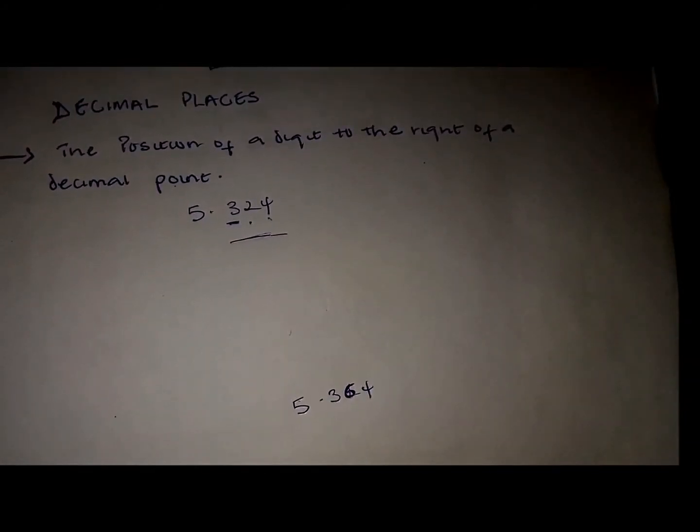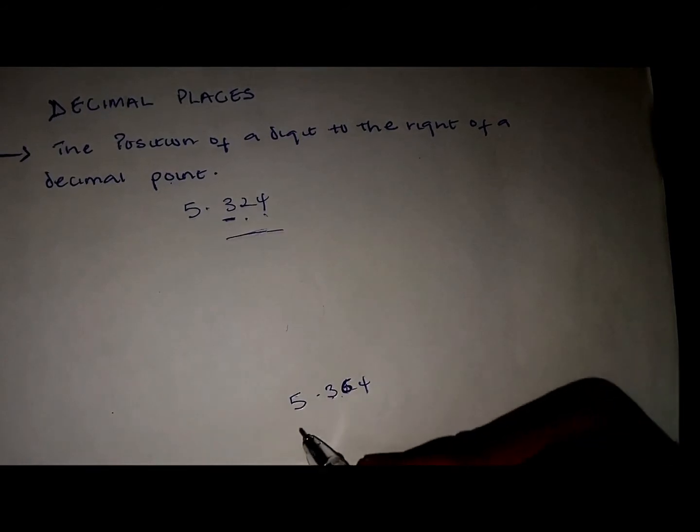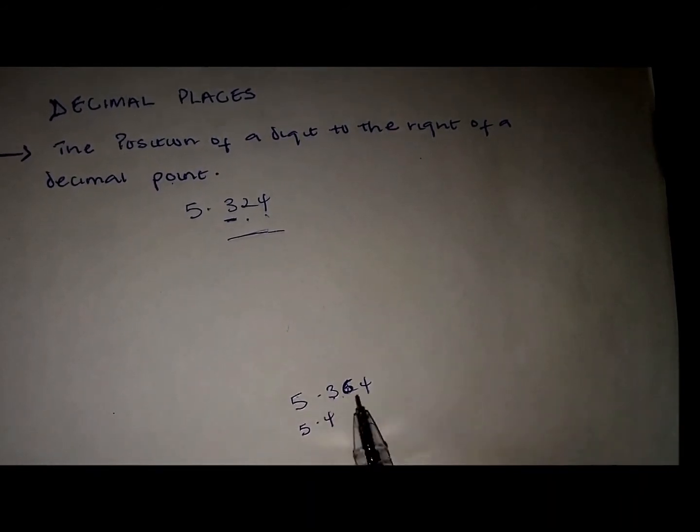Okay, so now let's round this up to two significant figures. Actually, what we're going to do is add 1 to 4 here to make it 5.4, since the one after the two significant figures is greater than 5.